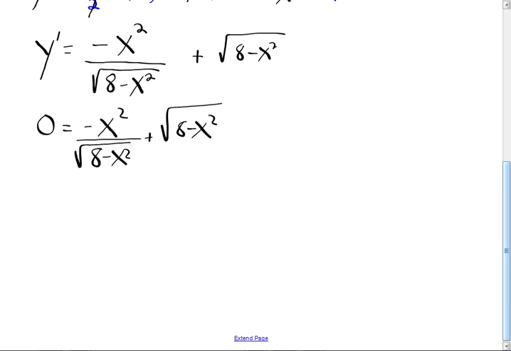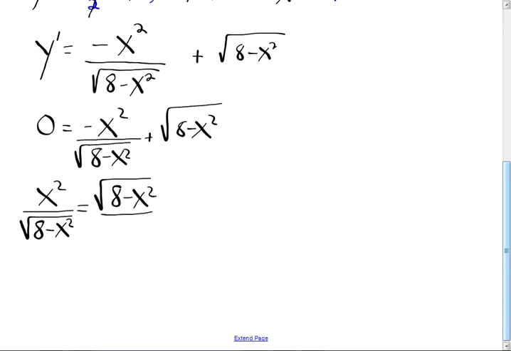I'm going to move the negative x squared to the left side. And you know what? The product rule always gives me 2 terms. So since it always gives me 2 terms, I can always get a proportion. I can cross multiply.